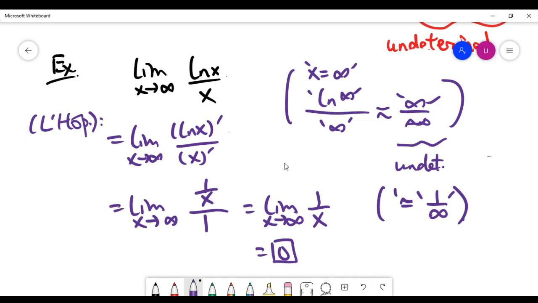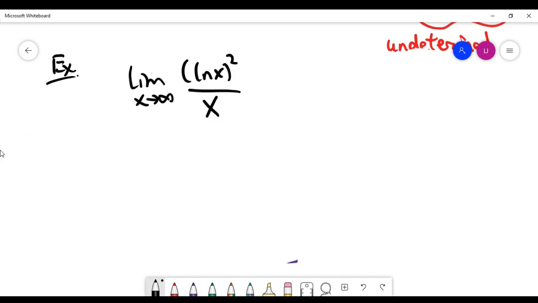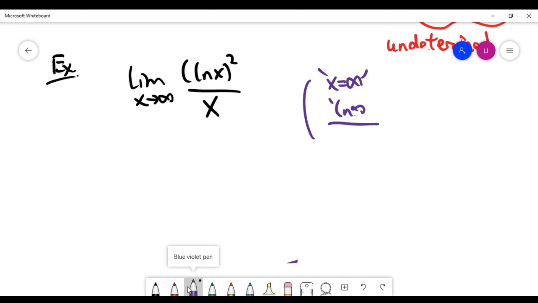And we can look at other exercises. Let's look at the current problem instead. As a good shortcut, we can do the following. Let's think of x as infinity. So let's check what's happening conceptually to the quotient we have. The top is ln of infinity, the whole thing squared, and the bottom is infinity, right? When x is infinity. And as I said before, ln of infinity itself is infinity.